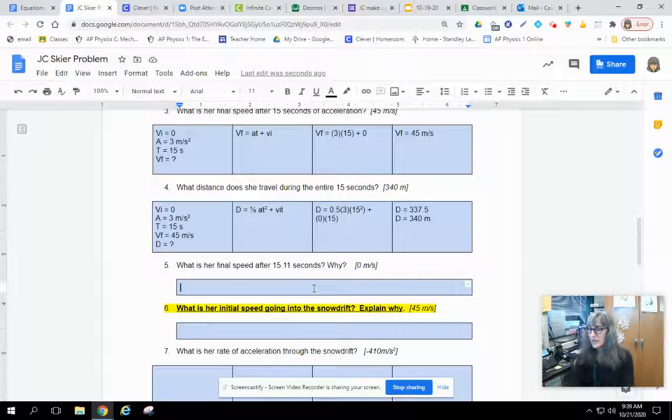What is her final speed after 15.11 seconds? It's 0. She stops.